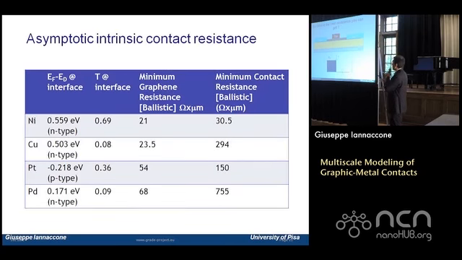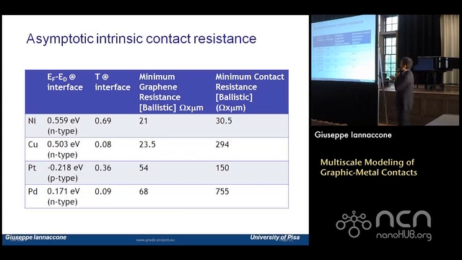It's very easy. We can also evaluate what is the achievable minimum resistance, because we know for the different metals the energy of the Dirac point, we know the effective transmission at the interface, we know now the ballistic resistance of graphene when we have a flat potential in the graphene layer, and therefore we can divide this ballistic resistance by the transmission coefficient at the interface and obtain the minimum contact resistance.